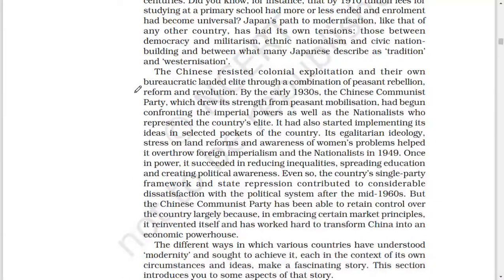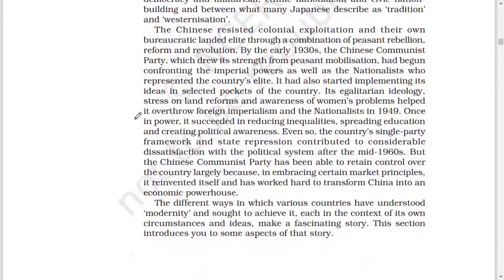Its egalitarian ideology, stress on land reforms, and awareness of women's problems helped it overthrow foreign imperialism and the nationalists in 1949. Once in power, it succeeded in reducing inequalities, spreading education, and creating political awareness.